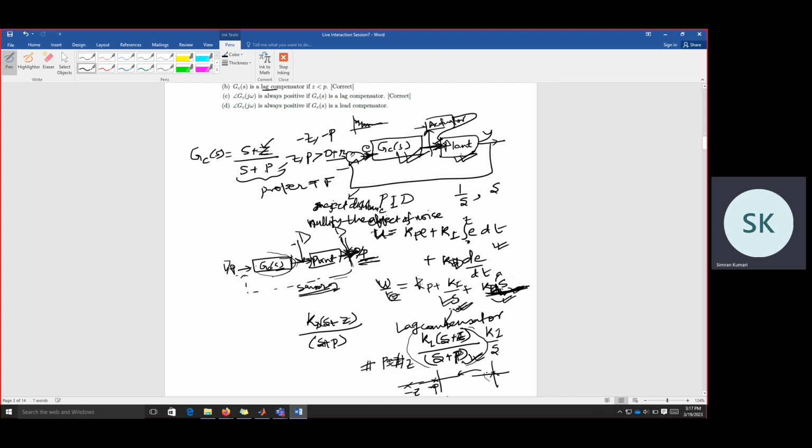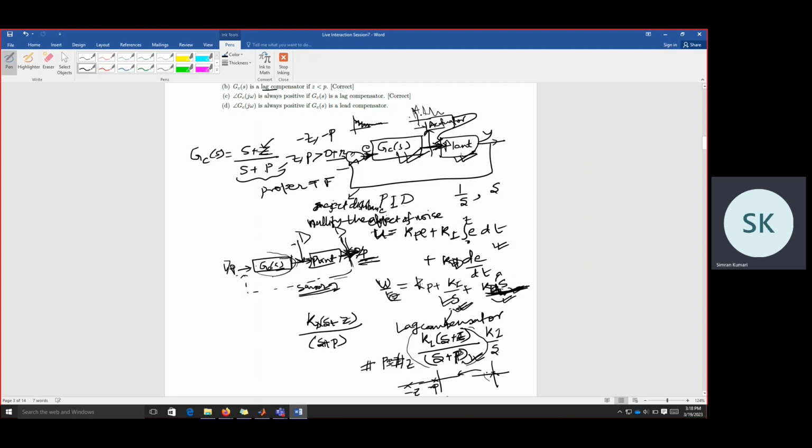High frequency means changing frequently. Then in the output that can be amplified, because it is a high pass filter. It will have some gain at high frequency and it will amplify at the input.